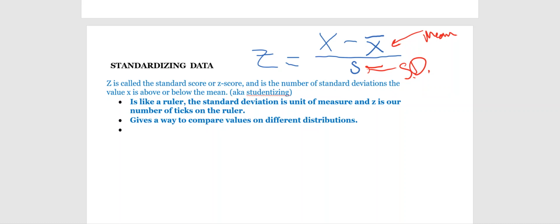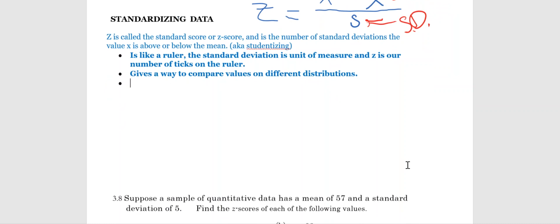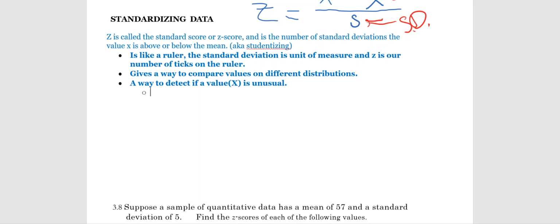And the last thing I want to note about this is something I mentioned earlier. It gives us a way to decide if something is unusual. Remember, we're using x here. And I want to be specific about that.